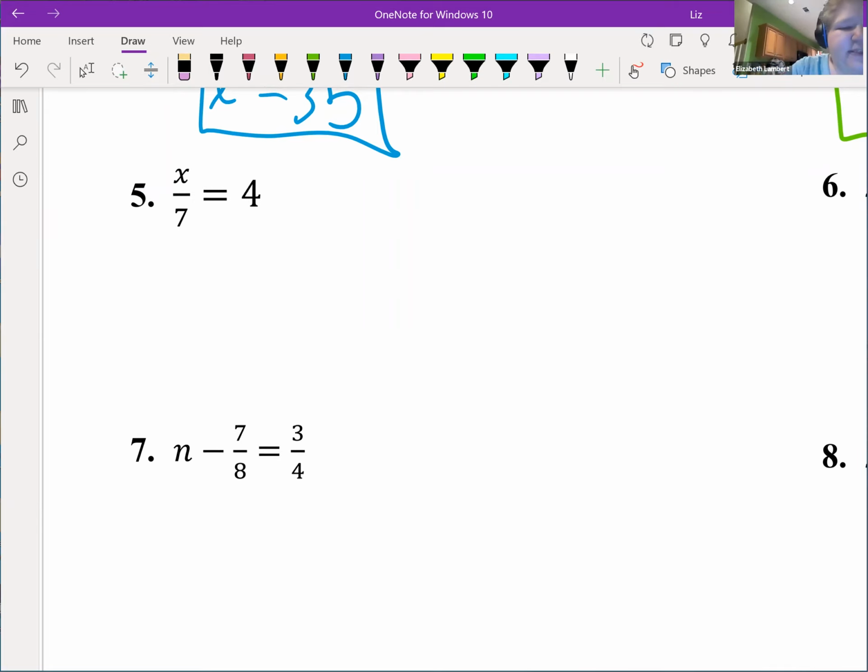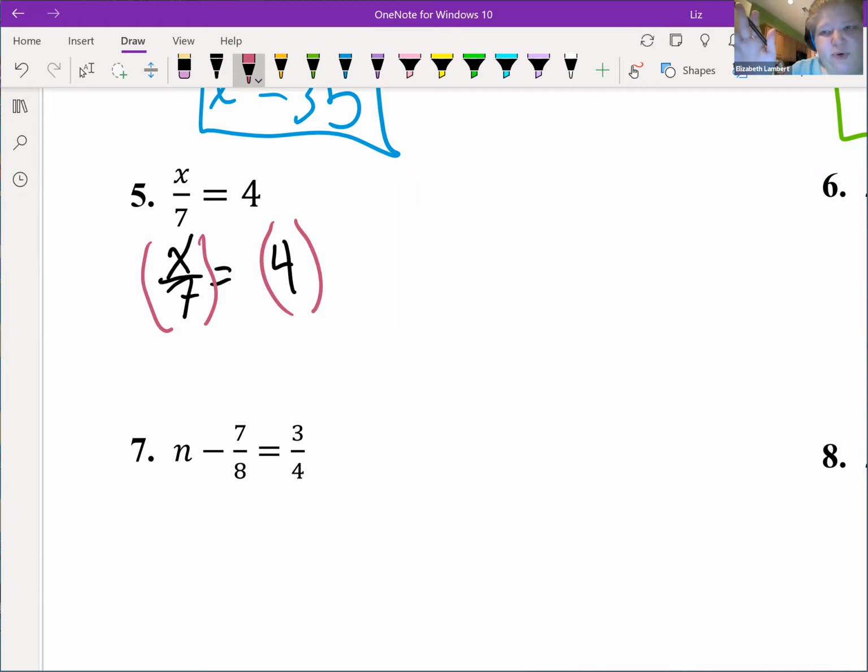I'll rewrite because the 5 is in the way. One side, other side, put some parentheses. I know it can get tedious, but remember, safe math.